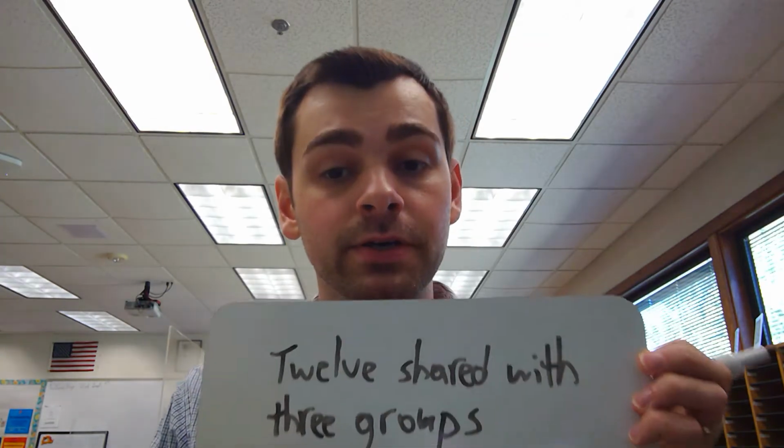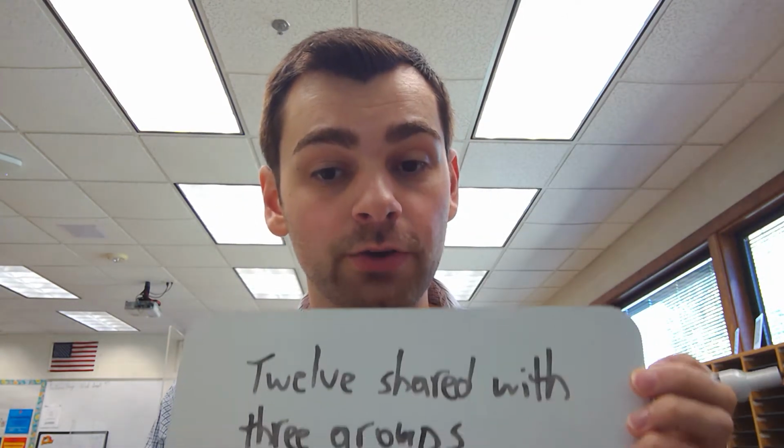If you're going to do 12 divided by 4, I encourage you though to use a different fact family, say 20 divided by 5 or something like that. Come up with another one so that you can be thinking this through instead of just copying down what I already have written down. For 12 divided by 3, which equals 4, I wrote down 12 shared with 3 groups.